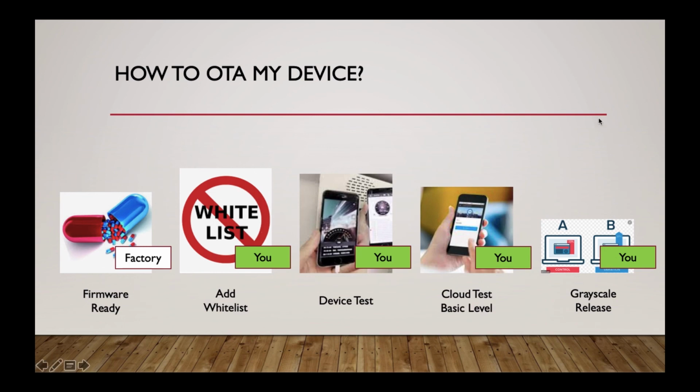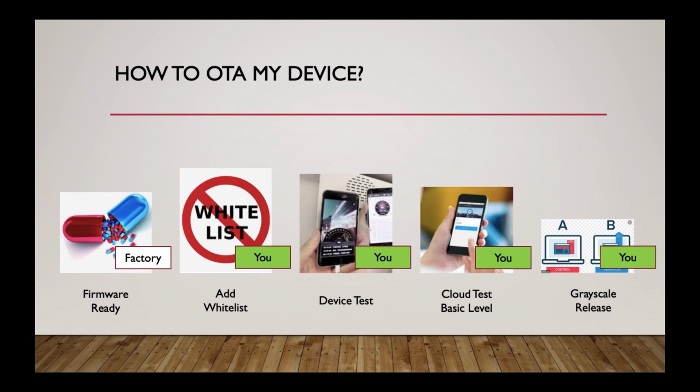And I can also do a cloud test, which is a Tuya special function that can test all the basic functions automatically without effort, and which is much safer for me to release the new firmware version.